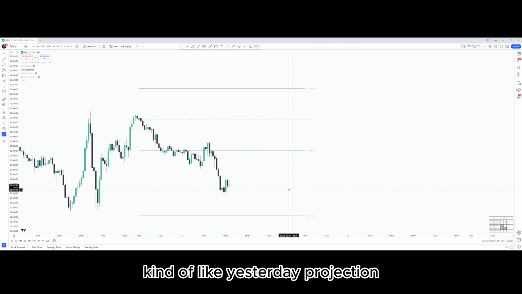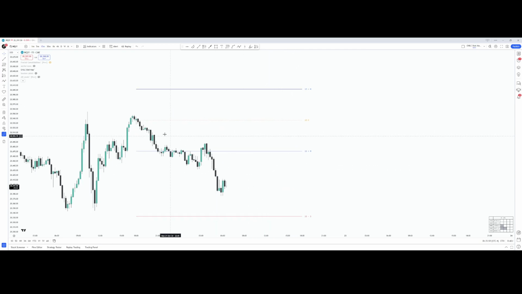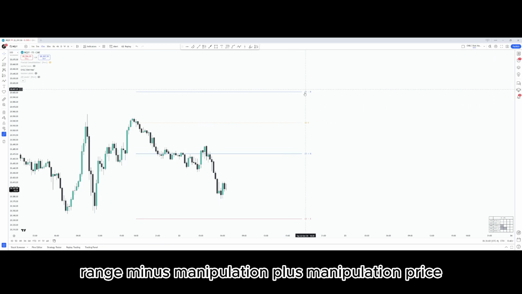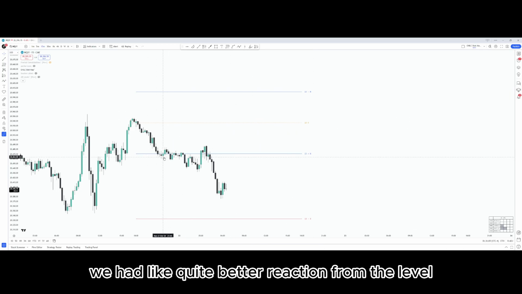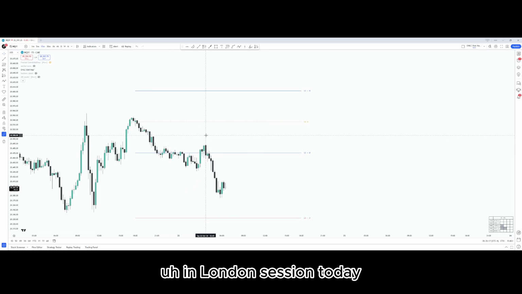Today, kind of like yesterday's price action, opening the stat map we have the manipulation raise, minus manipulation, plus manipulation. Yesterday we had quite a better reaction from the level early on in London session.